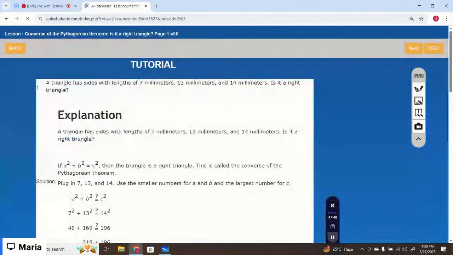Is it a right triangle? Just start with the test questions.